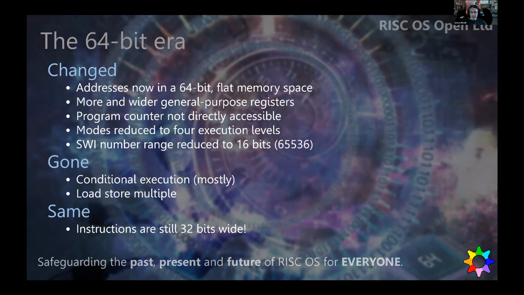Now, as of about 2011, ARM announced their first 64-bit processor. And this is the year where RISC OS Open launched its first bounty scheme, its first bounty. And it was 1 year before the Raspberry Pi came out.